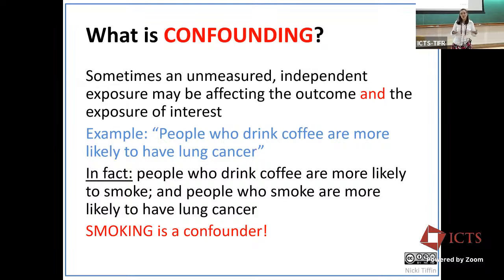So we have a large representation of people who have health conditions. And then we have a large representation of young women who are well and they come in for maternal health and for contraception.